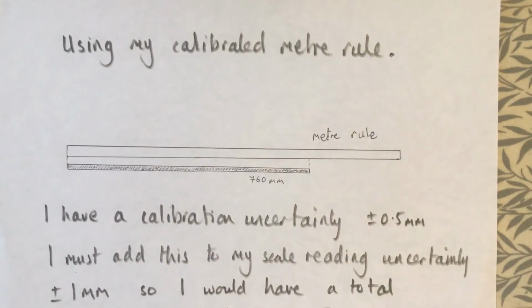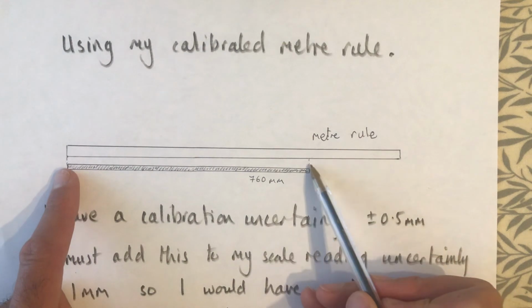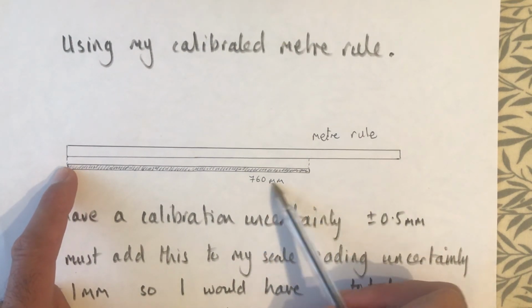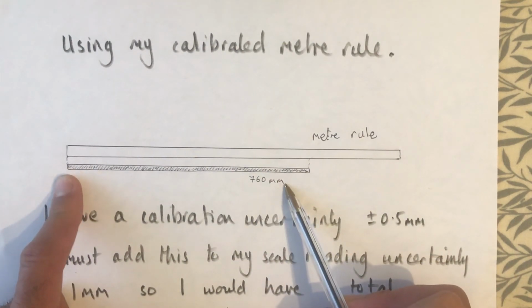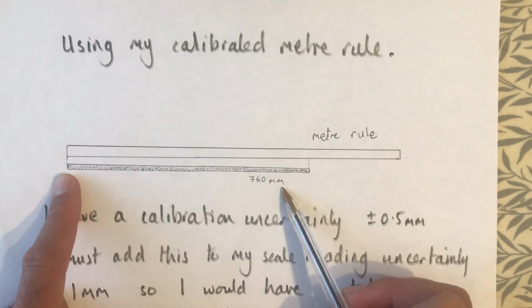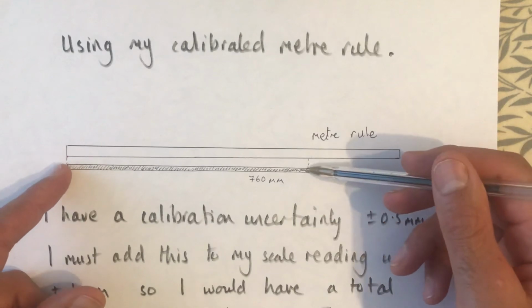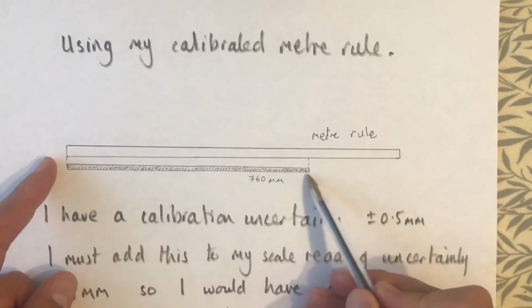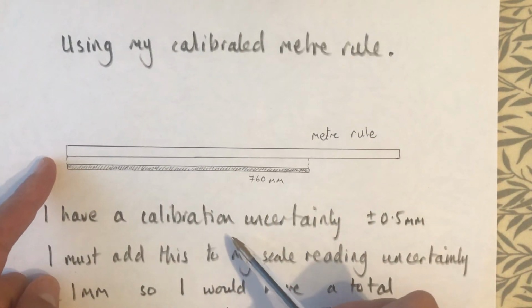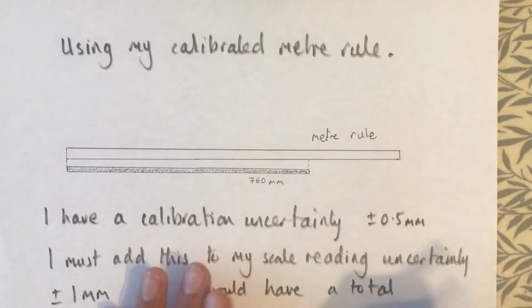Well, here's my diagram then. So say I've got a chair leg, it's off a table tennis table because they're all 760 millimeters. So if I measure it against my standard meter rule, and this black line is my chair leg, and I measure it at 760 millimeters, I've now got two uncertainties here.